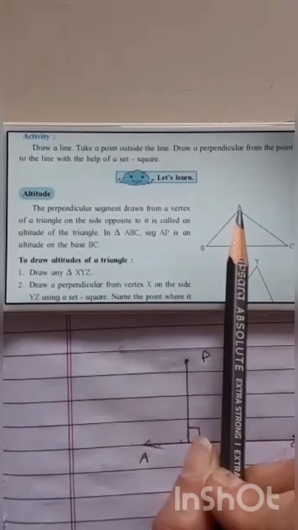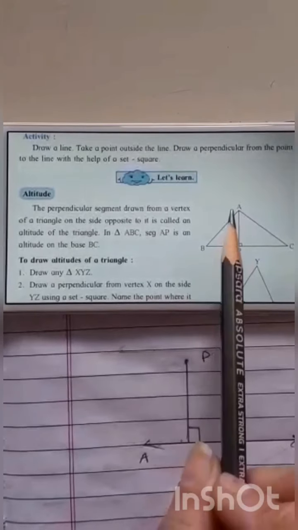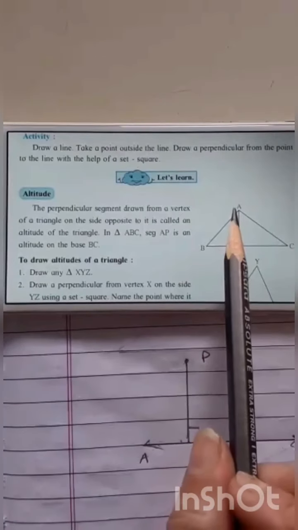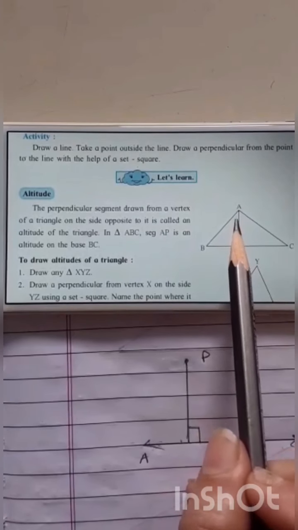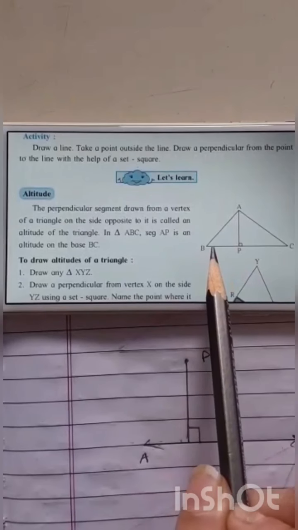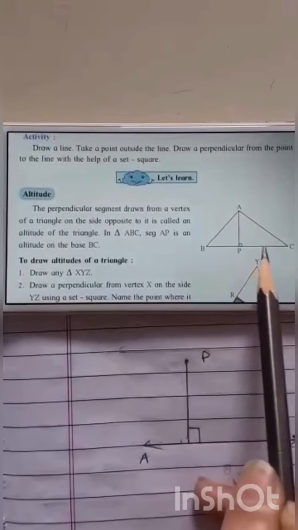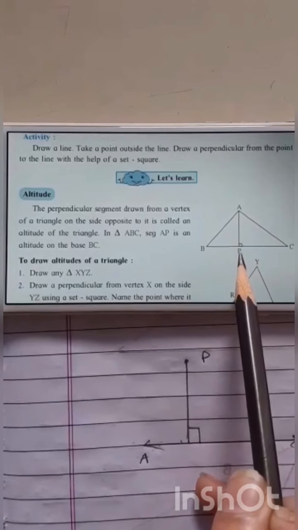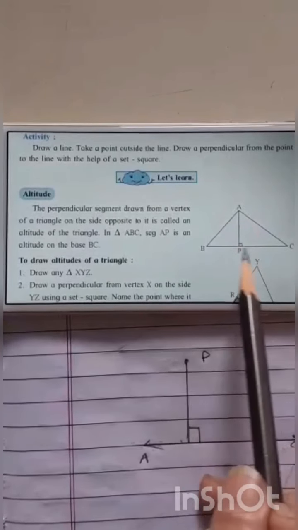So when you draw a perpendicular segment from this vertex of a triangle, now ABC, this is a triangle, and A is a vertex, you have to draw a perpendicular from this vertex A on this line BC, on the opposite side of the triangle, and this AP is nothing but an altitude of this triangle ABC.